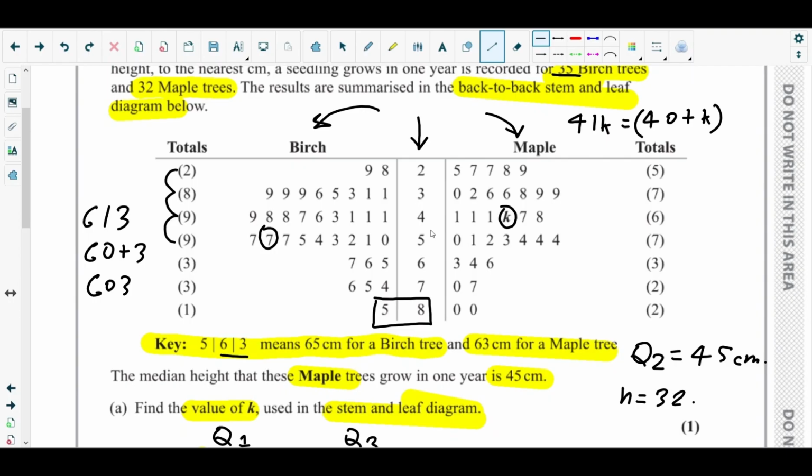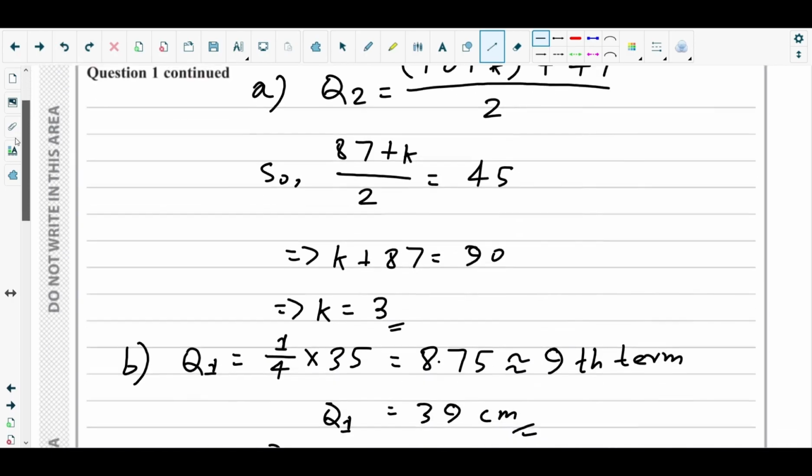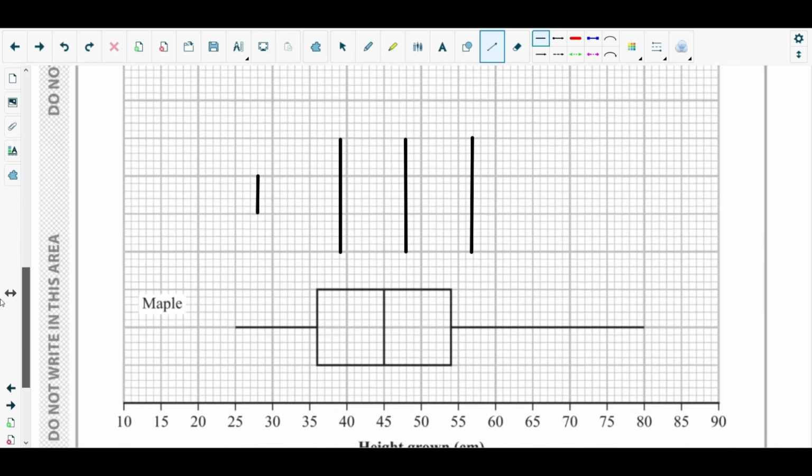No. The upper range would be the highest data value without an outlier. 85 is an outlier, so the upper range would be 76. Where is 76? Here. This is the upper range, 76. Done.